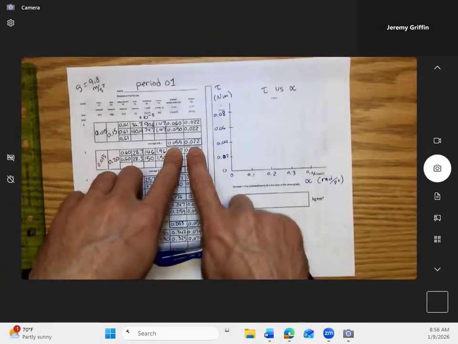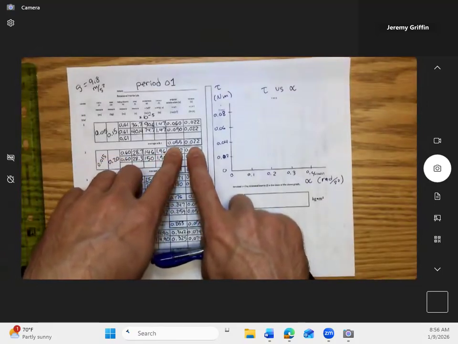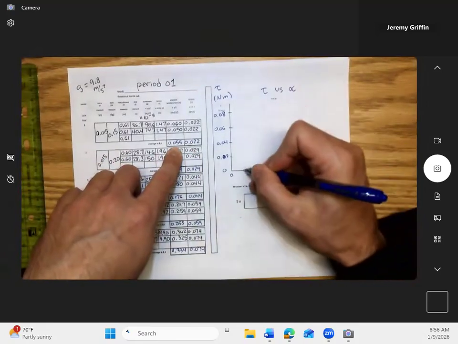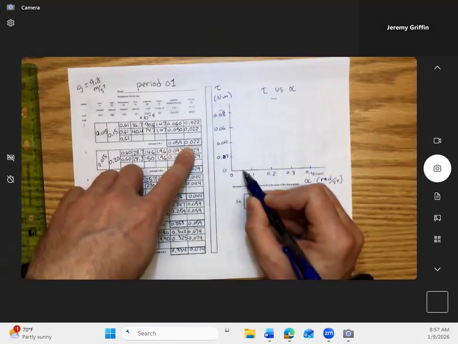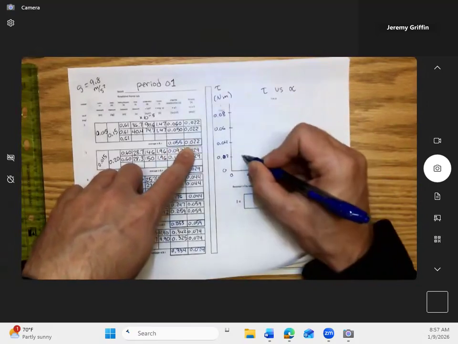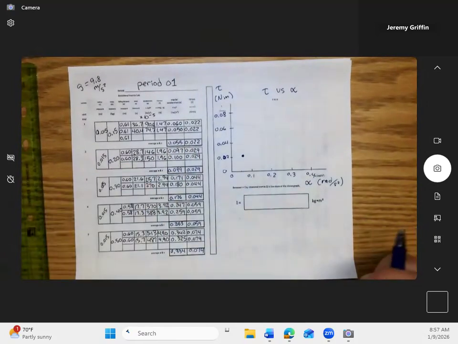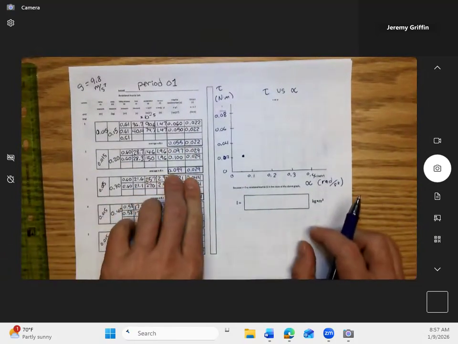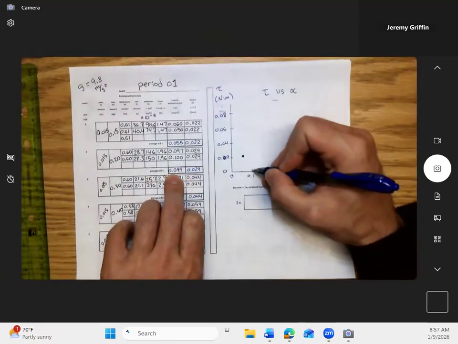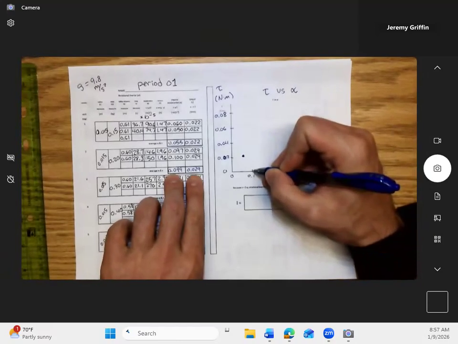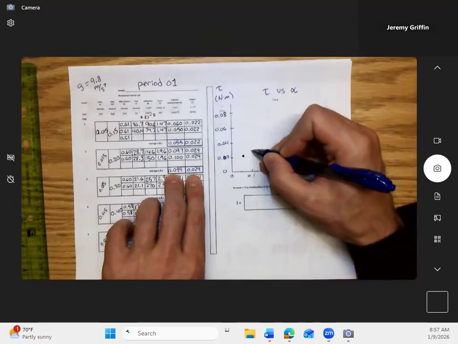First coordinate: when the angular acceleration was 0.055, a little more than halfway here, the torque was 0.022. That's bam, right there. First point on the board. When the angular acceleration was 0.099, so almost 0.1, the corresponding torque to make that happen was 0.029. That's right there.